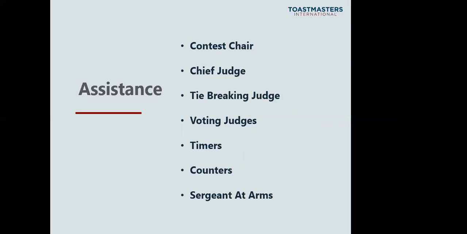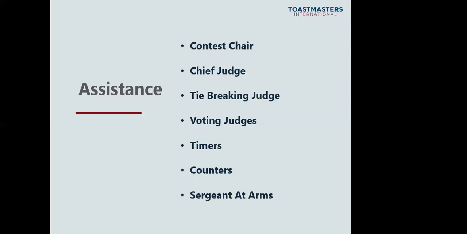When you're looking at club contests, you need a contest chair, the chief judge, and at least 5 voting judges. Also a tie-breaking judge, 2 counters, and 2 timers. When you move up to the area contest and you're hosting that, you're going to need the same number of people, and the judges have to have a minimum of 5, and they have to be from each club in the area.